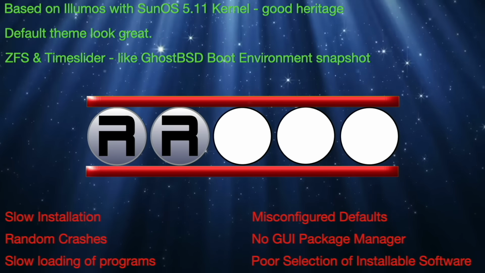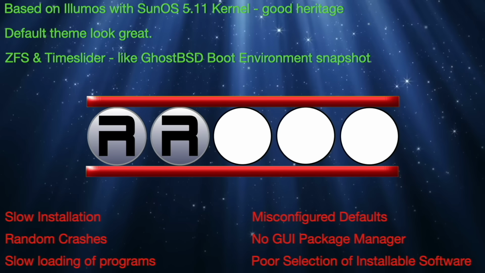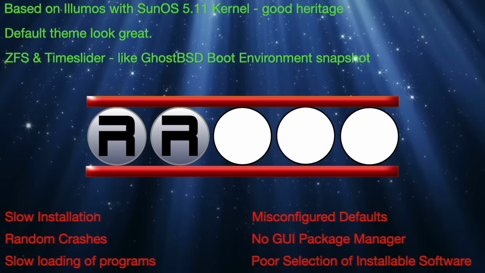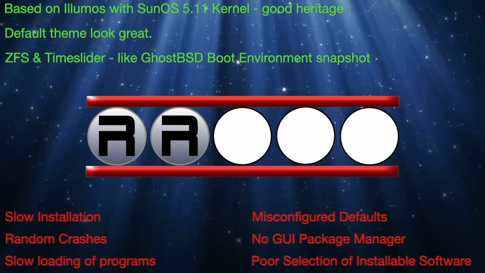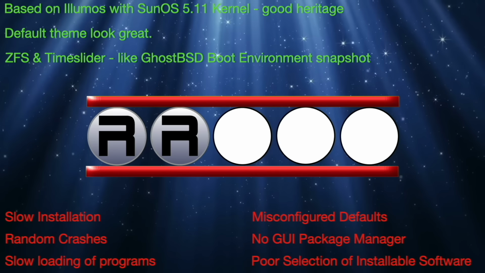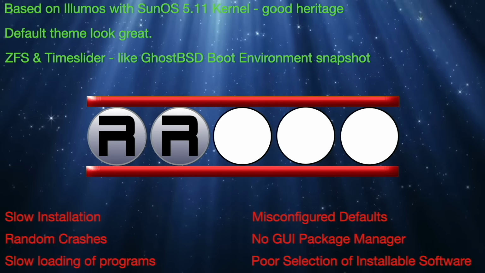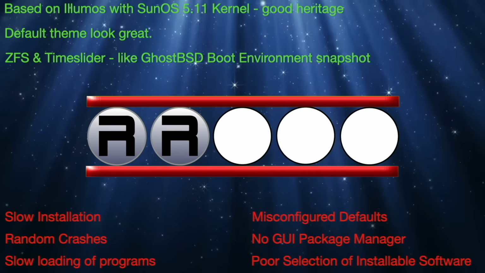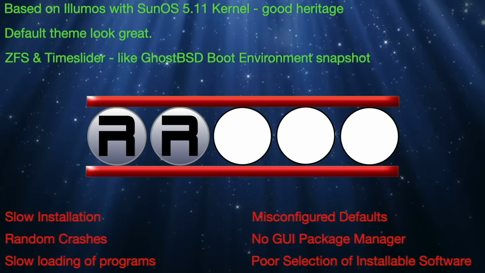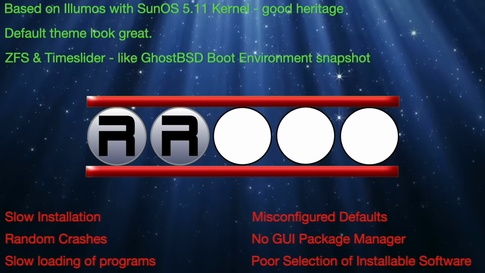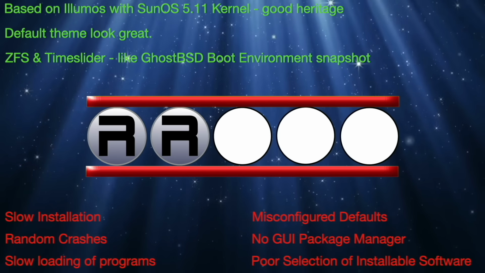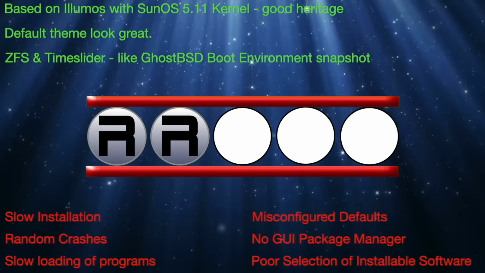What didn't work? Why the minus? Well, it was slow installation, random crashes, slow loading of programs, misconfigured defaults, no GUI package manager, which there wasn't, and poor selection of installable software. So basically, I understand it's a community effort, but it's got a lot of work to do, and it makes me appreciate GhostBSD even more, because it has managed to achieve all these good things with very few negative things.